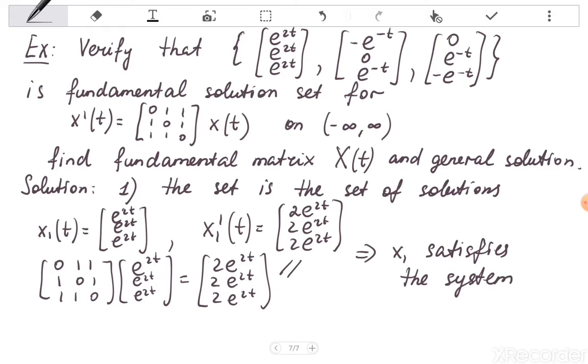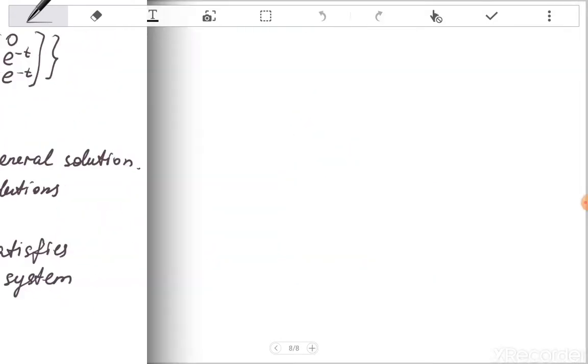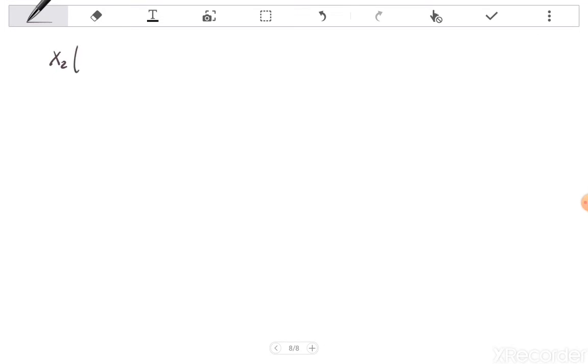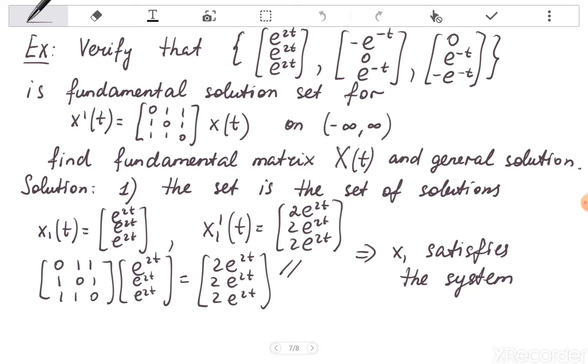Let's also do the same thing for x2. So x2 of t is the vector minus e to the minus t, 0, e to the minus t.